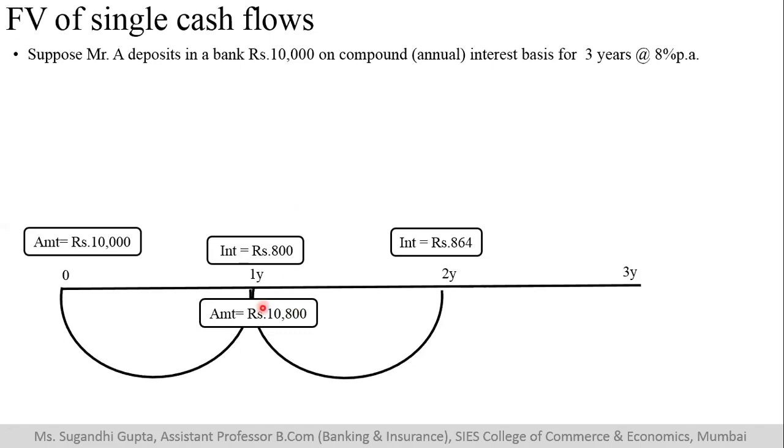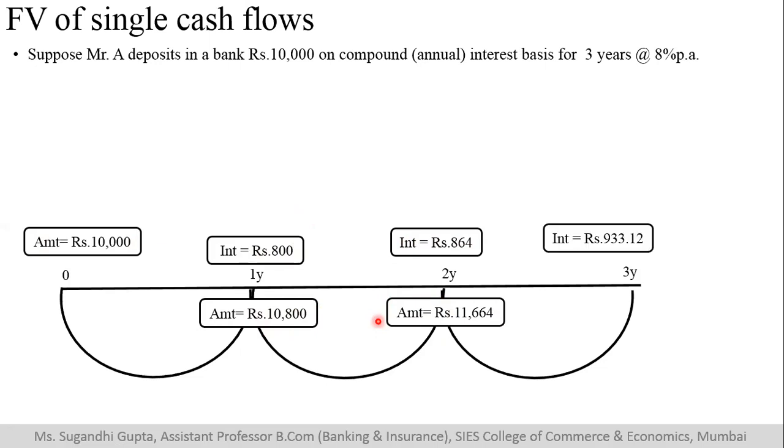So it is 8% of 10,800, that is 864. Now, at the end of second year, if you ask me what is the value of his investment, these both interest will get added to the principal amount, and now the investment value is 11,664. In the third year, now the interest will be calculated on this particular amount, and that would be 933.